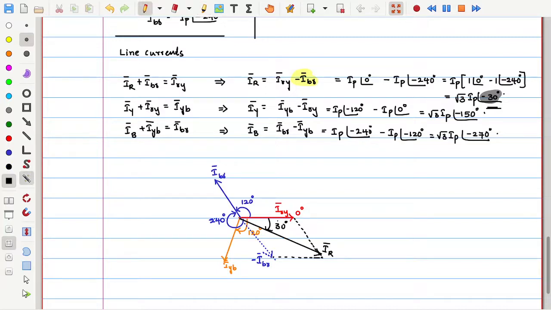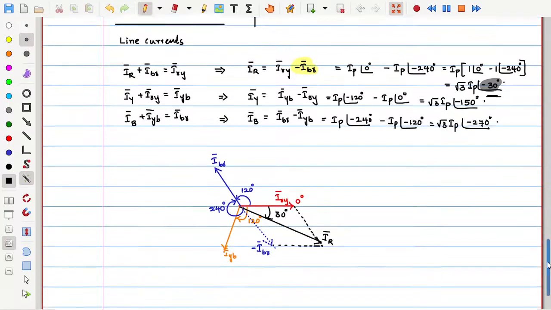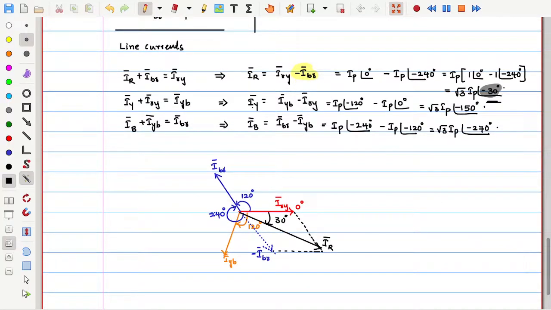Similarly, you can find the other line currents in the same way. What is the IY line current? IYB plus minus IRY. Minus IRY is opposite to the IRY. Now add this negative to the IYB current.